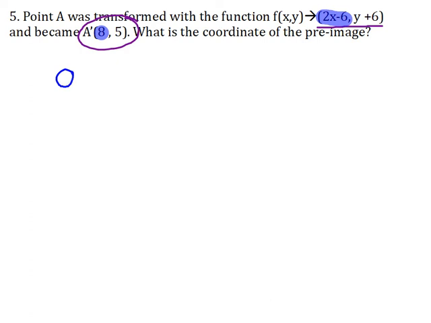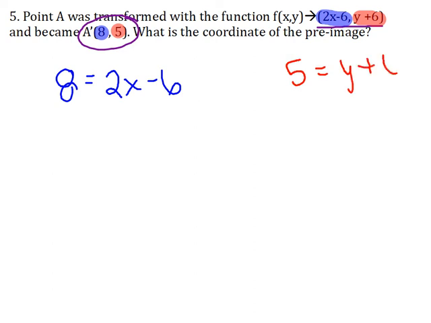So that means 8 is equal to 2x minus 6. And then the second equals the second. We'll do that in red. And then you set that equation off to the side, and then you'll solve them one at a time. So the first equals the first, the second equals the second.